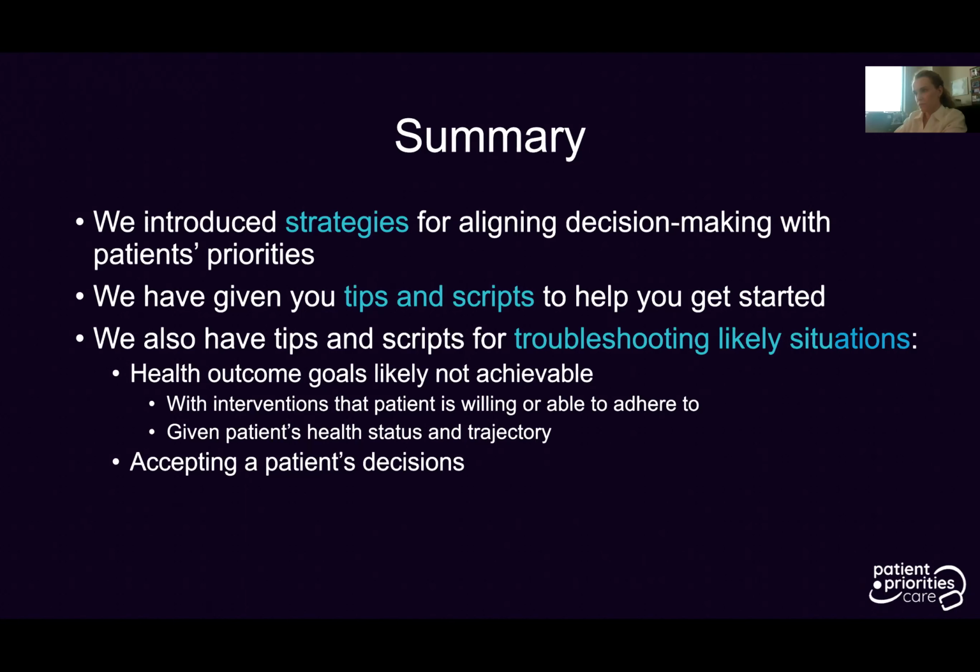Getting comfortable aligning your decisions with patient priorities will take time and practice. Try it one patient at a time, and then review the additional guidance. Over time this becomes natural, and you can do it without going back and forth between the guidance and scripts.